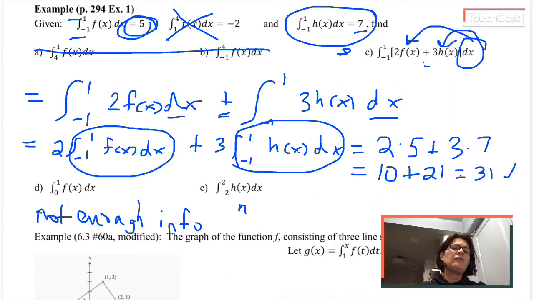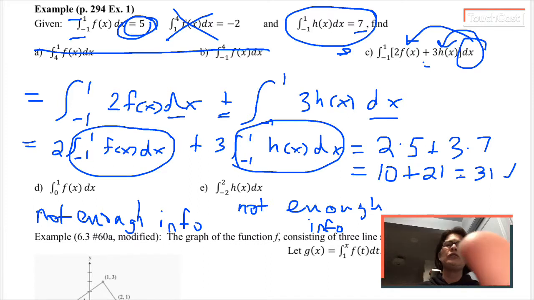So again, I have not enough info to simplify this expression. Now later, if somebody tells me the h of x function, we're going to get into the next section and we're going to know exactly how to find that definite integral using calculus. But right now, if we're using geometry and using properties, like the properties that are listed on that front page, just not enough information.